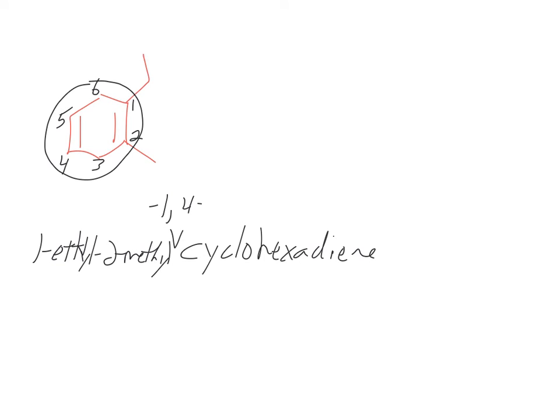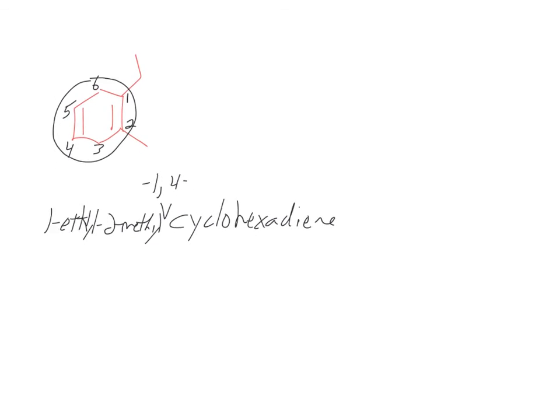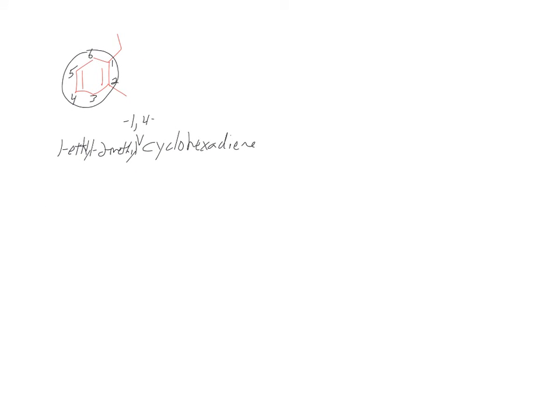Cyclohexadiene. Diene. Would you put that between hexa and diene? You could. I would put it between the methyl and the cyclo. Okay, so we've named it. Good. Let's actually do the problem now.